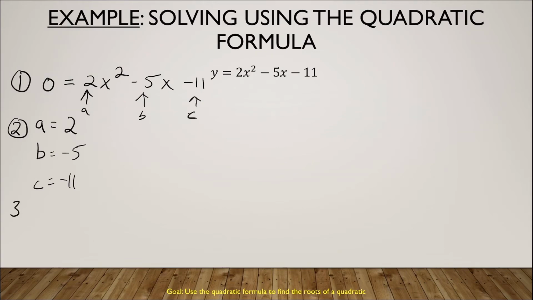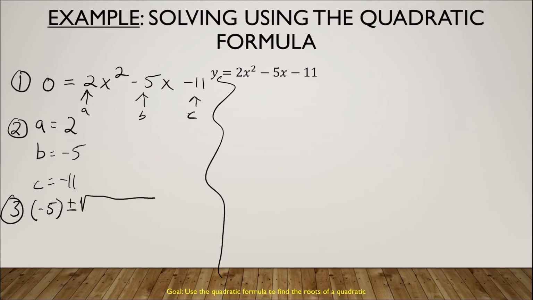My third step here is I want to insert these into my quadratic equation. So I have -b plus or minus the square root of b squared minus 4 times a times c, all divided by 2a.